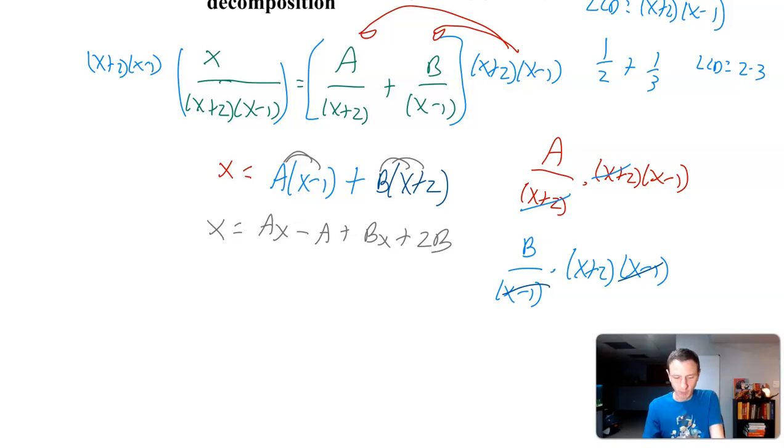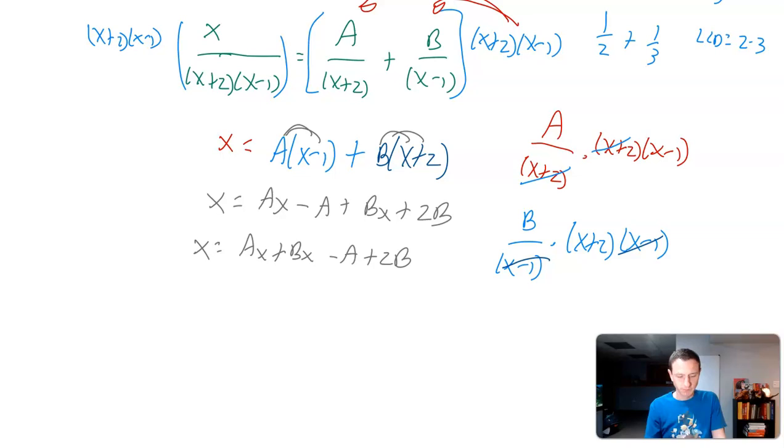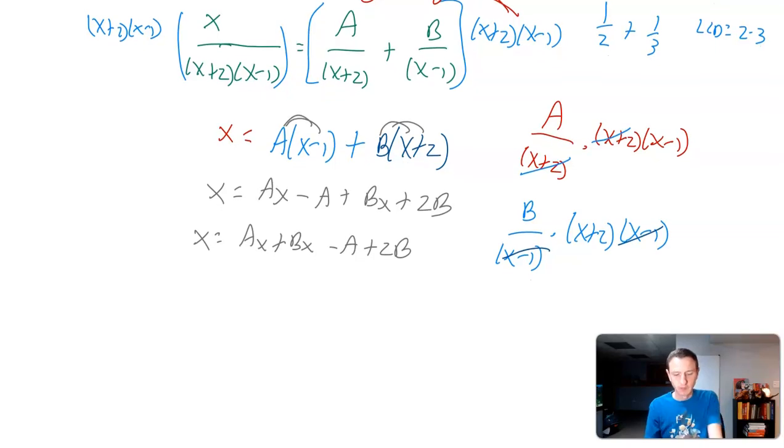From here, I want to get my terms together. So I have Ax and Bx, and then I have constants of minus A and 2B, if you want to think of it like that. I'm going to get those together, because that's going to help us in the next step here. So I have Ax plus Bx minus A plus 2B. For this part, Ax and Bx, what I can do there is take out the x.